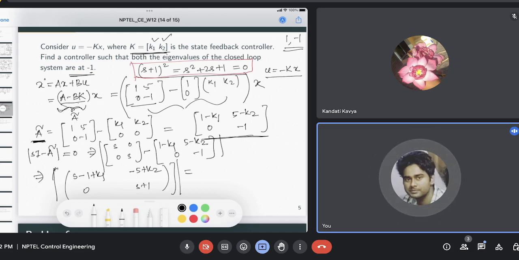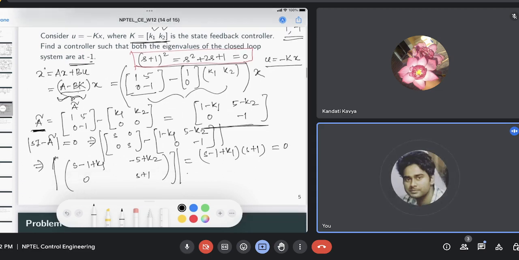The determinant is (s minus 1 plus k1) times (s plus 1) equal to 0. Simplifying, it will be s square plus s k1 plus k1 minus 1 equal to 0.